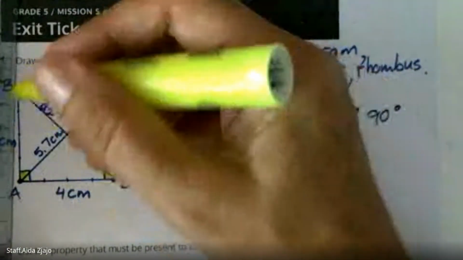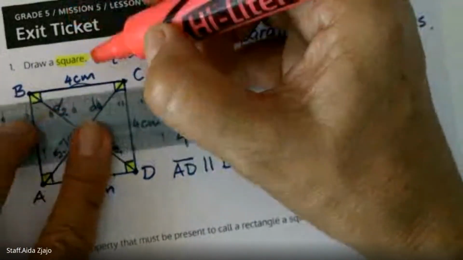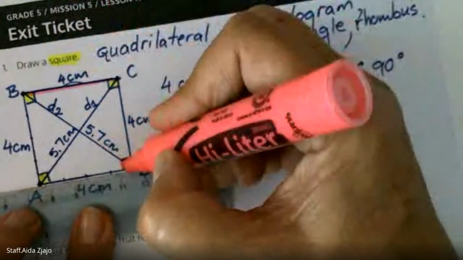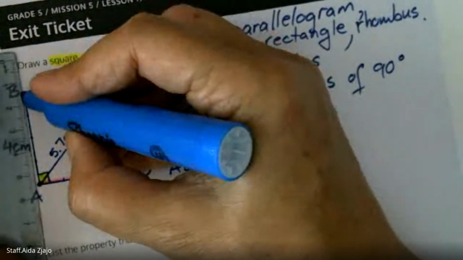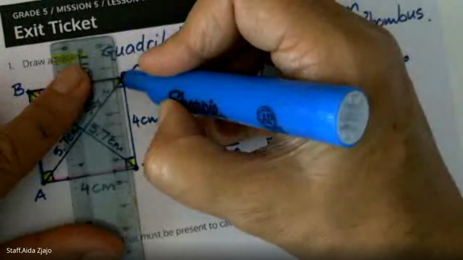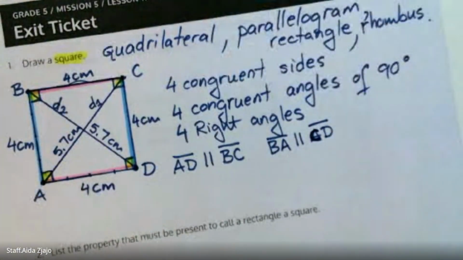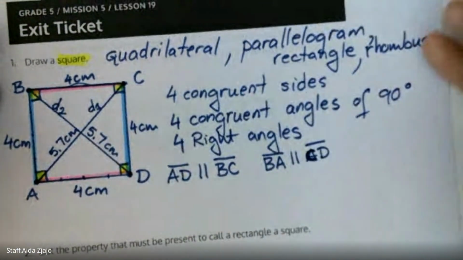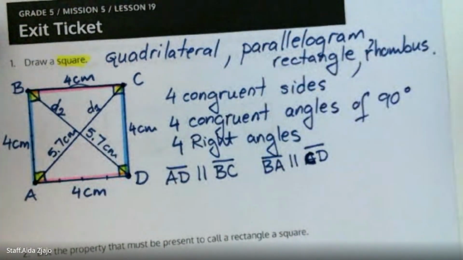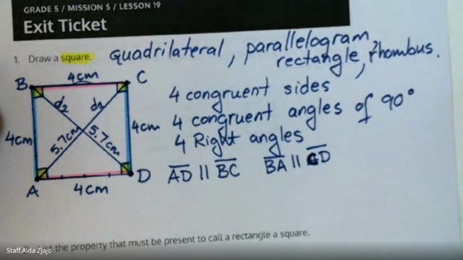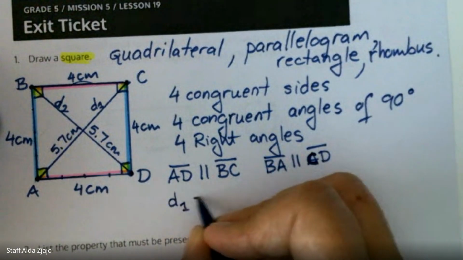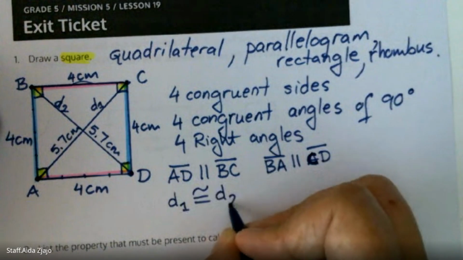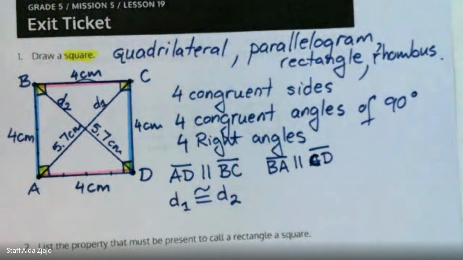This is a parallel pair, 2 pairs of parallel sides. That's what a parallelogram is. 4 congruent sides, 4 congruent angles. Diagonal 1 is congruent to diagonal 2. They bisect.